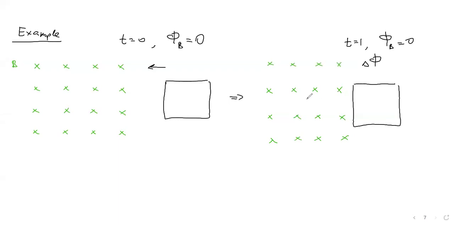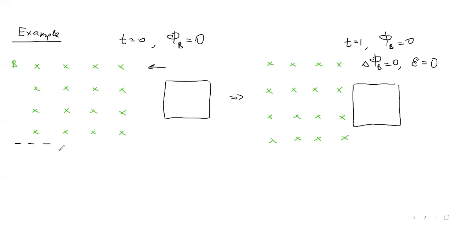The change of the flux is the final flux minus initial. What will be the change? Still 0. And induced EMF? Zero as well, because we don't have any change, yes?